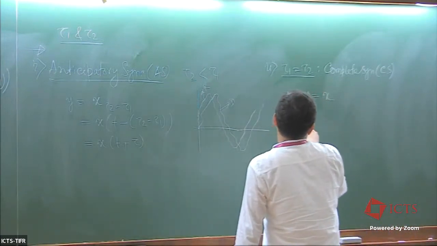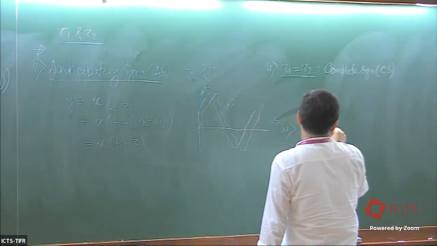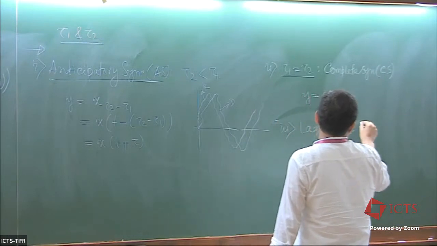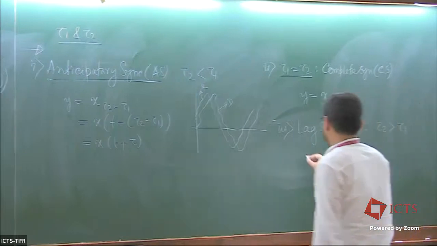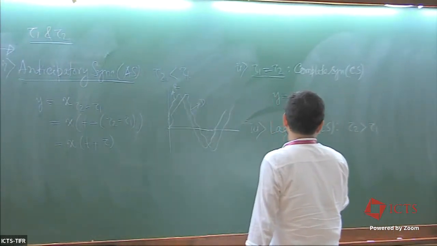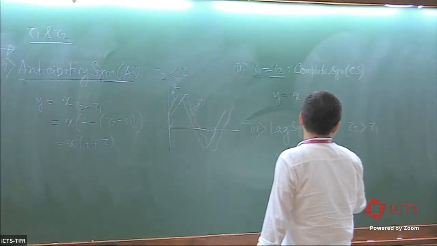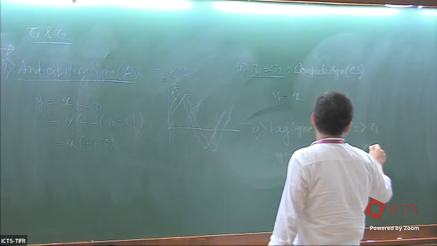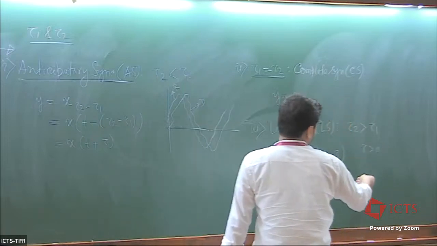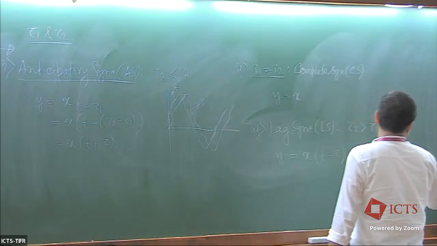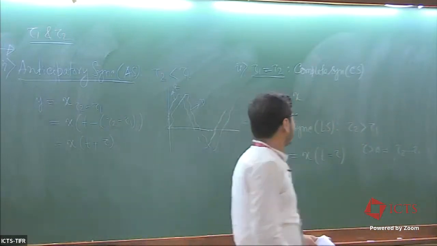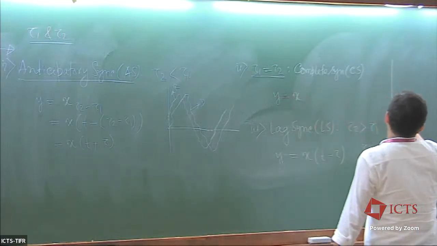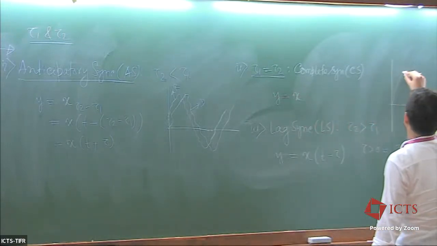And number 3 is lag synchronization, or LS, where tau 2 is greater than tau 1. In that case, y is equal to x of t minus tau, with tau greater than 0, where tau means tau 2 minus tau 1. So here the response lags the driver.